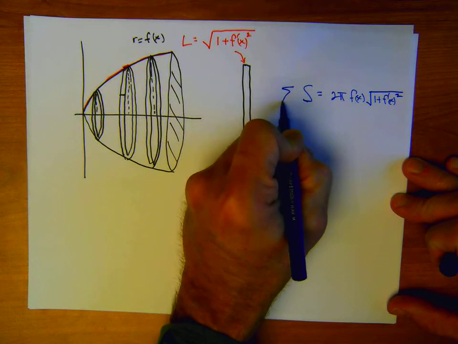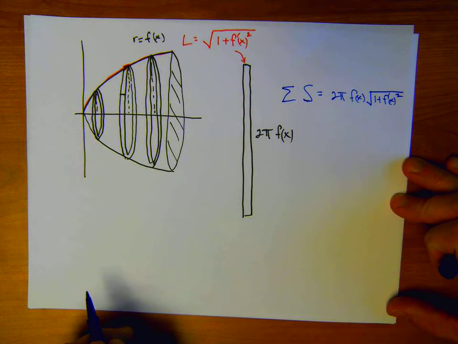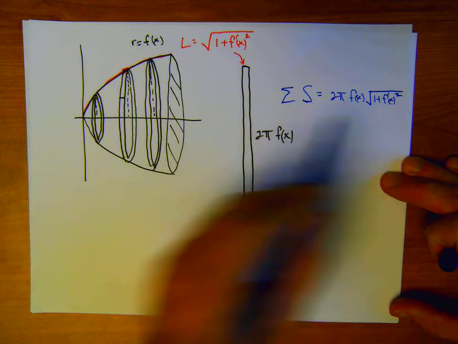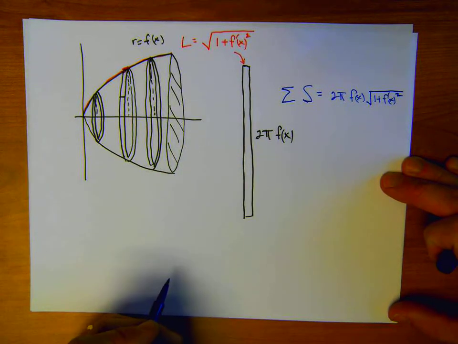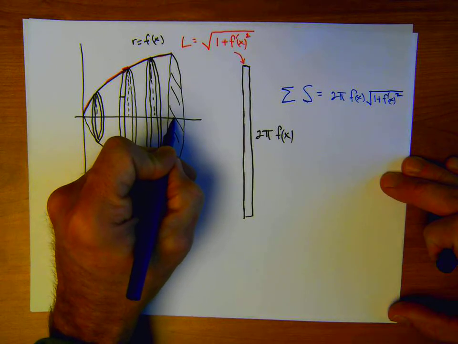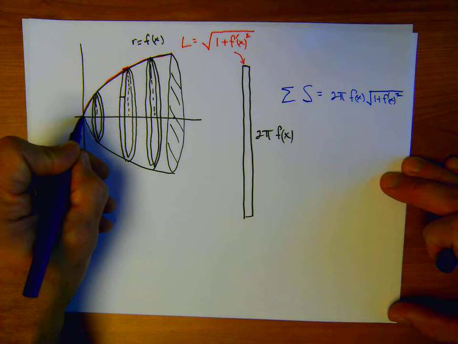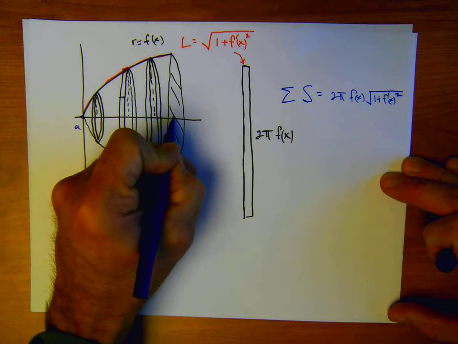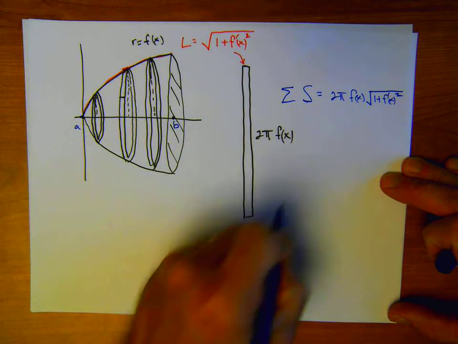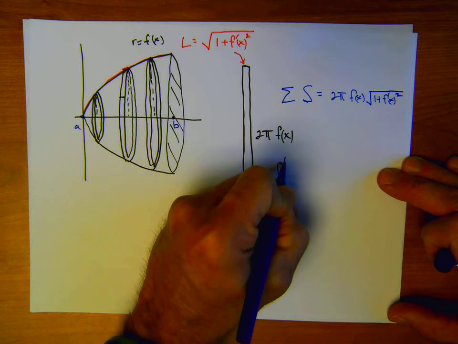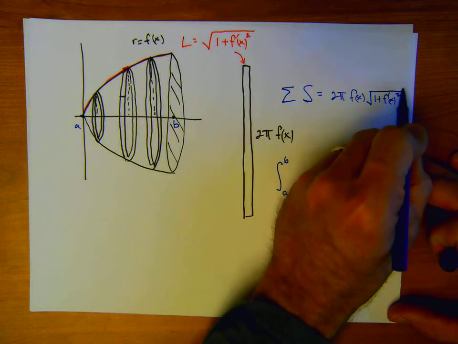And what we've learned, if nothing else in this course, is that when we add up a bunch of these and we let these widths go to 0, we end up with, let's say we call this point down here A on the x-axis and this point right here B, an integral from A to B of all of these little strips.